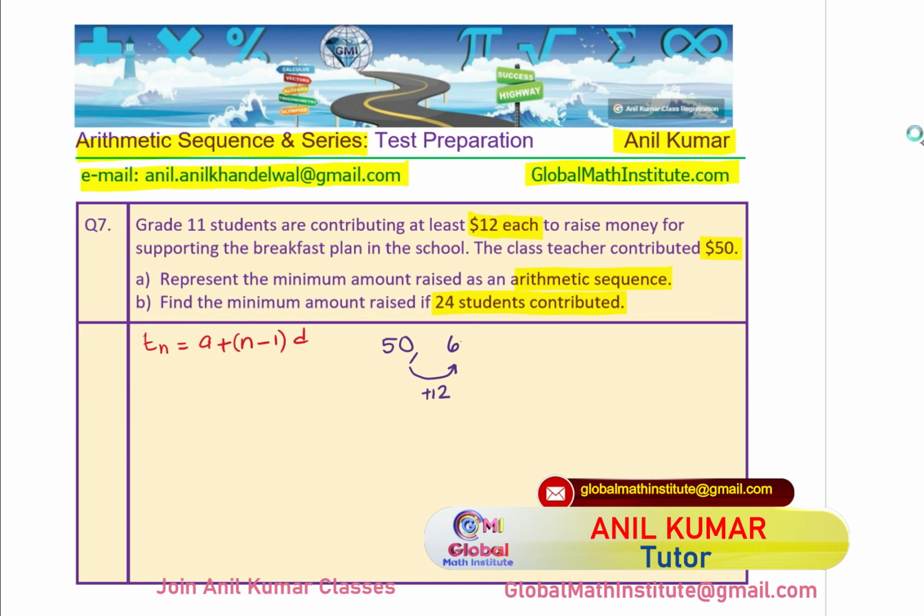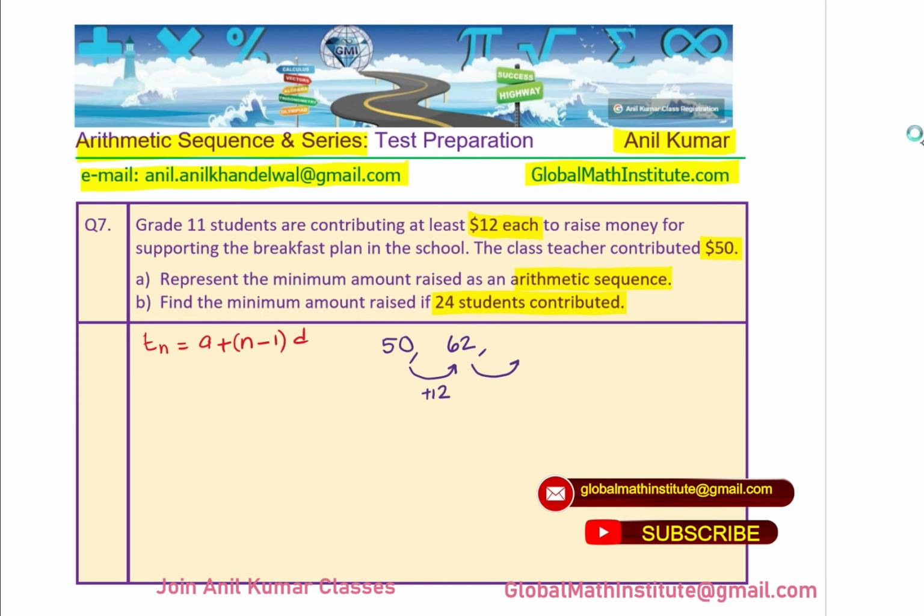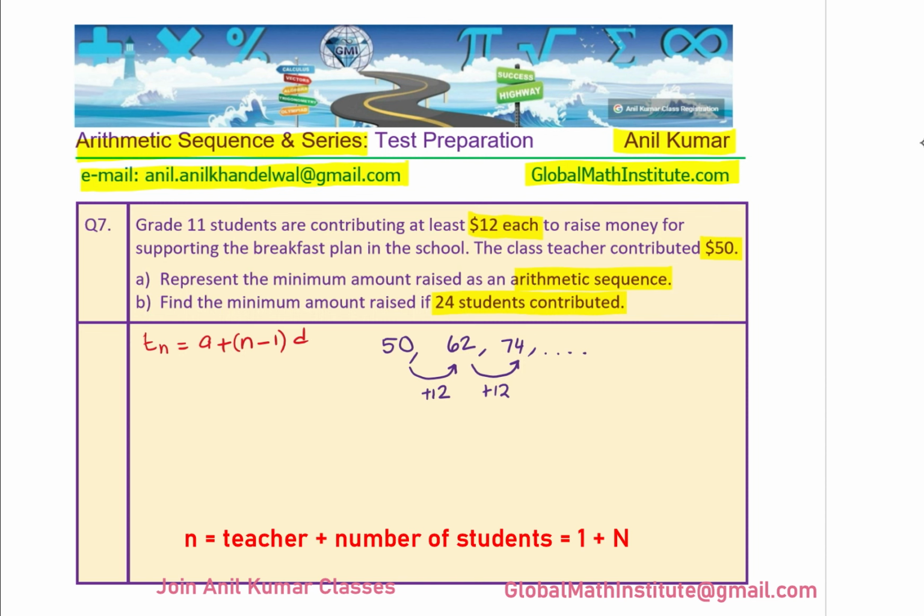So we can now develop our arithmetic sequence in this fashion, adding 12 each time. Makes sense, right? So that is how we are going to develop the sequence itself. Now definitely the nth term here, let's say Tn, will be, a is 50 for us, n is the number of students and the common difference is 12.